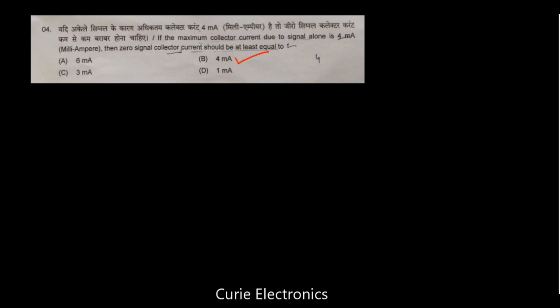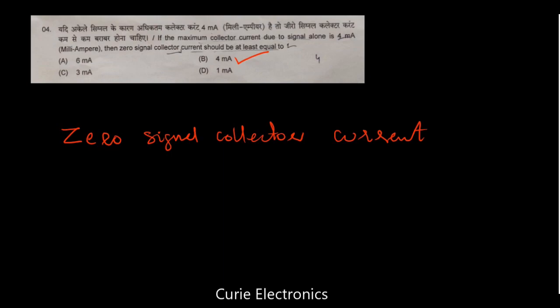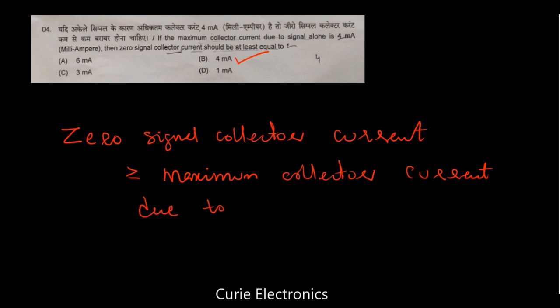The zero signal collector current should be equal to or greater than the maximum collector current due to AC signal alone. That is the condition. So it should be at least equal.